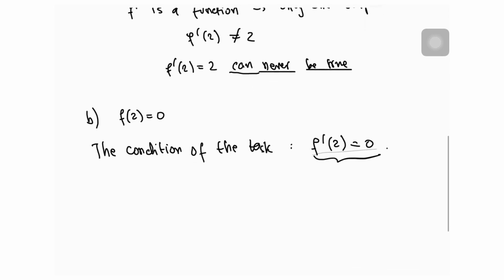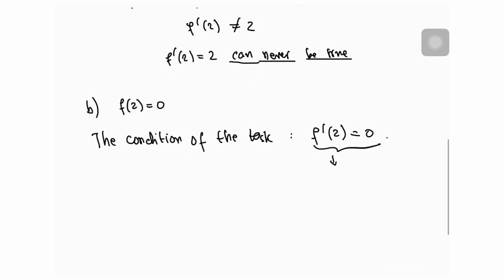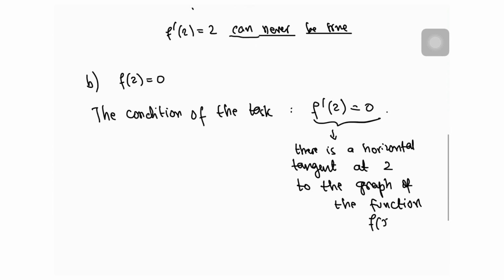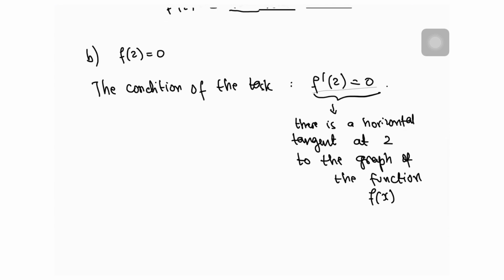This means, if you know the geometric interpretation, there is a horizontal tangent at 2 to the graph of the function f of x. So this we know for sure.